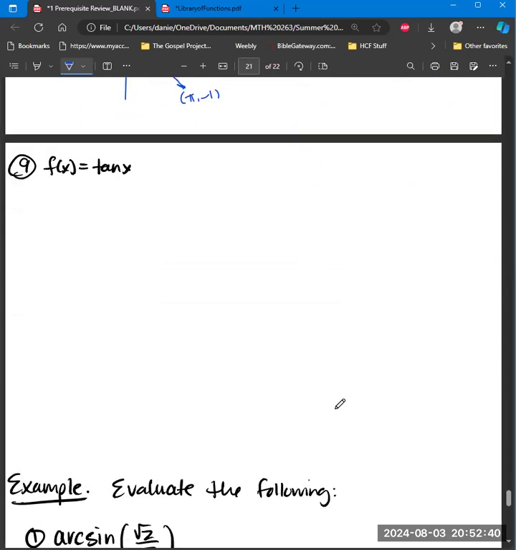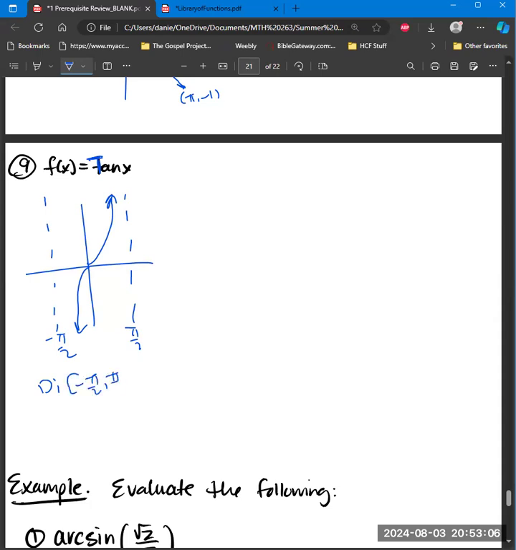All right, tangent. We're going to take capital T tangent and restrict it to between negative pi over 2 and pi over 2. It's just this first period here, where my domain is negative pi over 2 to pi over 2, even though it's undefined at those places, and my range is negative infinity to infinity.